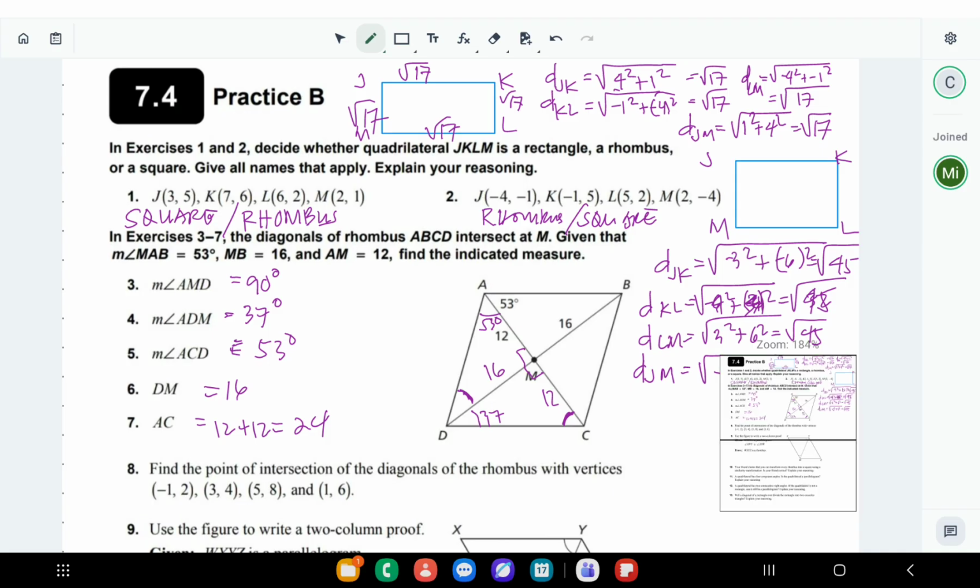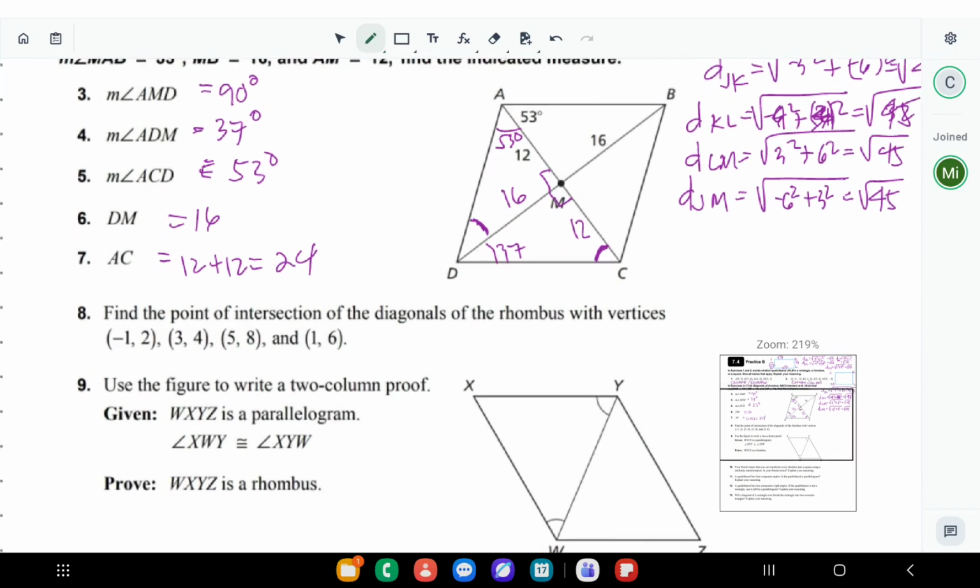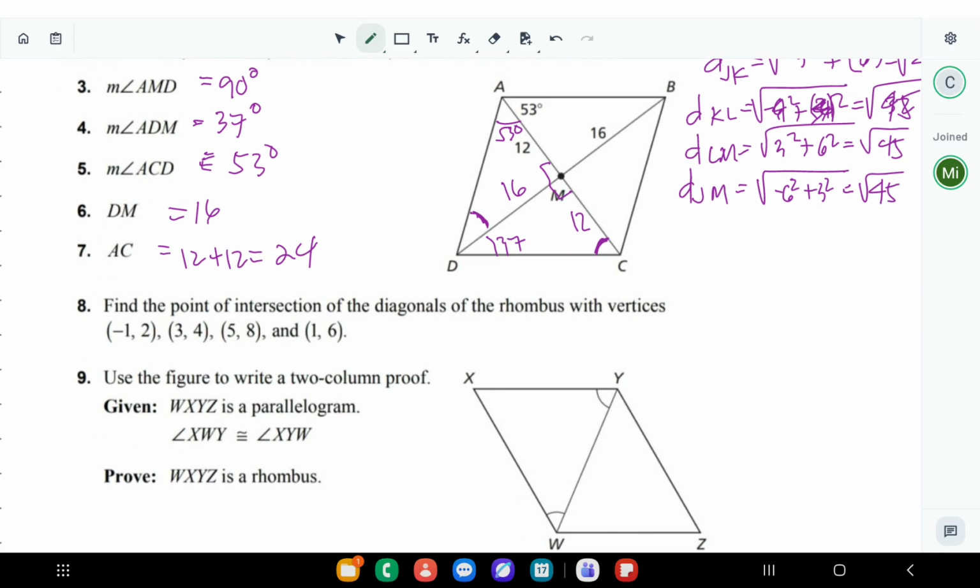Okay. For number 8, find the point of intersection of the diagonals of the rhombus with the given vertices. That is your rhombus. Diagonals bisect each other, so we find the midpoint of any diagonal.